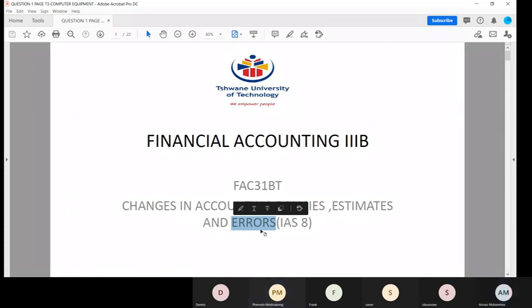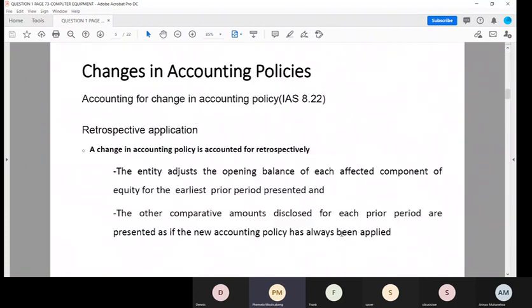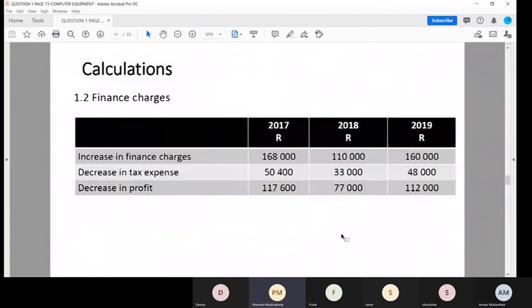Oh, okay. But sir, I have another question. I'm just checking here on the calculations. I think it's 1.2, the change in accounting policy continued. Is it the continuation of 1.1?